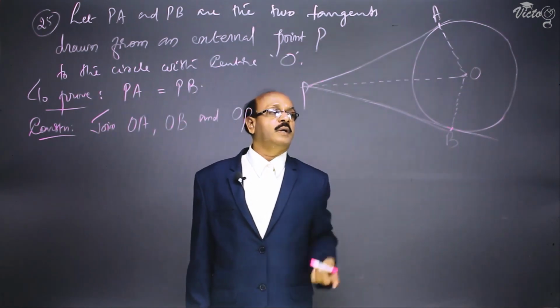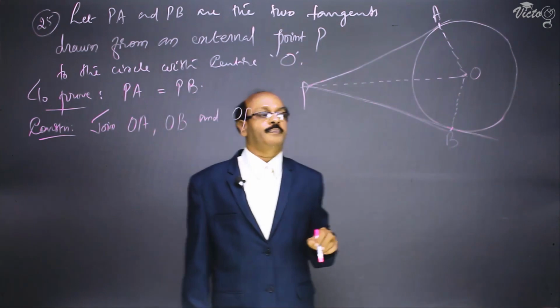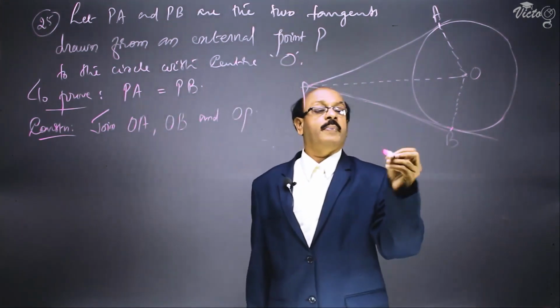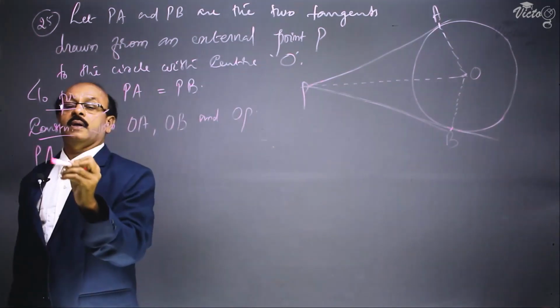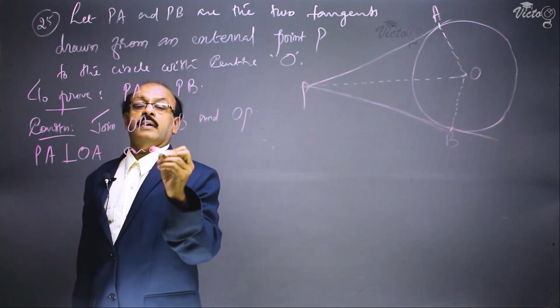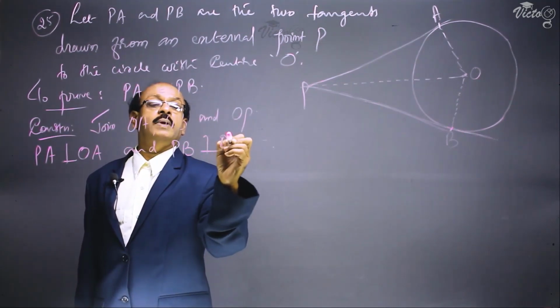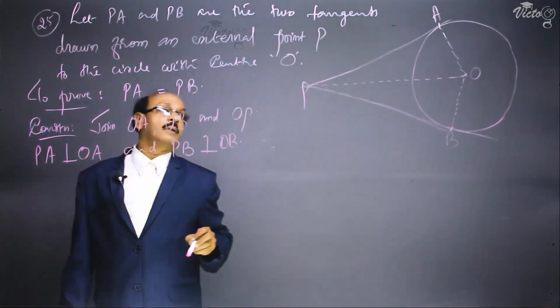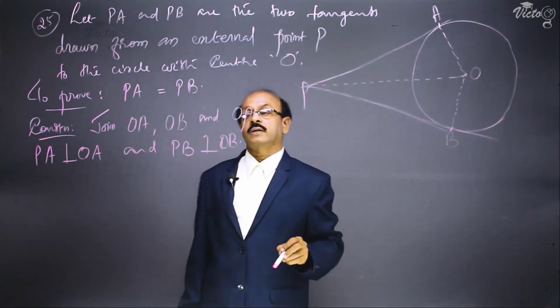Similarly, the tangent PB is perpendicular to the radius OB. Here, PA is perpendicular to OA, and PB is perpendicular to OB. Therefore, triangles PAO and PBO are two right triangles.